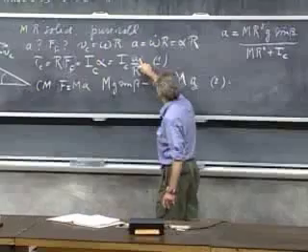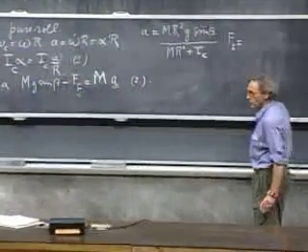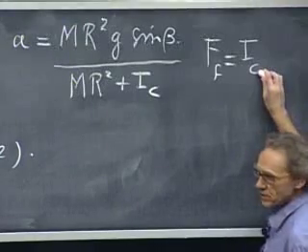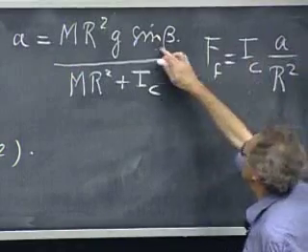I will leave A as it is because it becomes too complicated otherwise. So the frictional force becomes the moment of inertia about C times A divided by R squared. So this A has to be substituted in here.